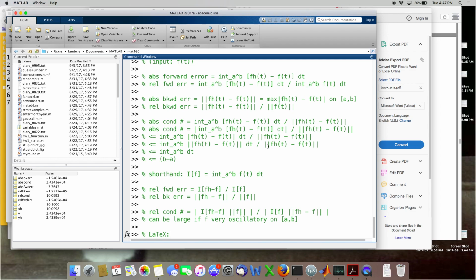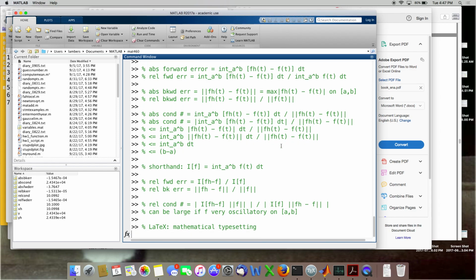The textbook, any notes, any documents I produce for my classes are done in LaTeX. That's for mathematical typesetting. Any real mathematicians use LaTeX, not Microsoft Word. And I don't care if that insults anybody, it's true.